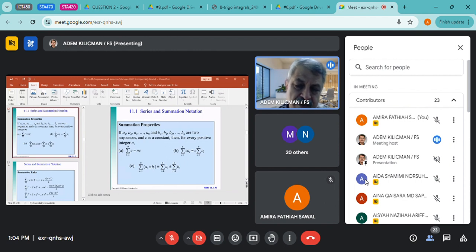So then you will have C times the whole summation, rather than in the first one, where you apply C to each term of the sequence: C times A1, C times A2, C times A3, C times A4, and so on. And actually it is the same as saying C times A1 plus A2 plus A3 plus AN, like this.